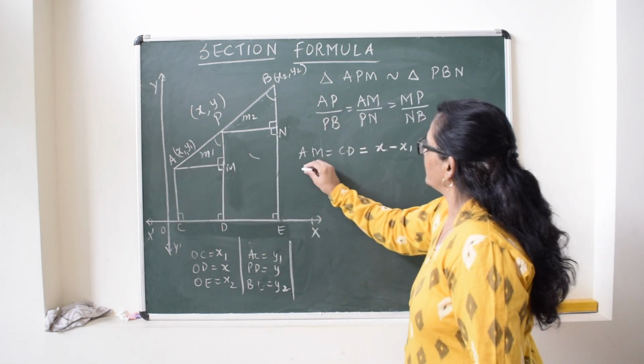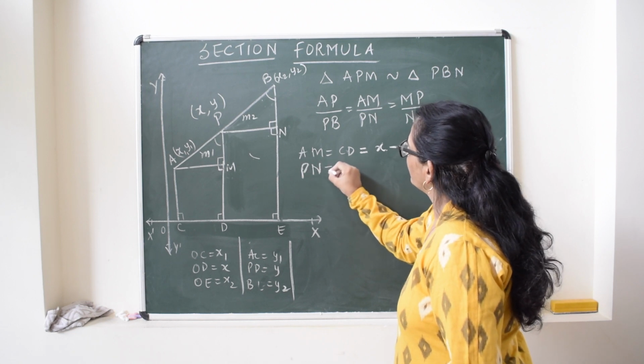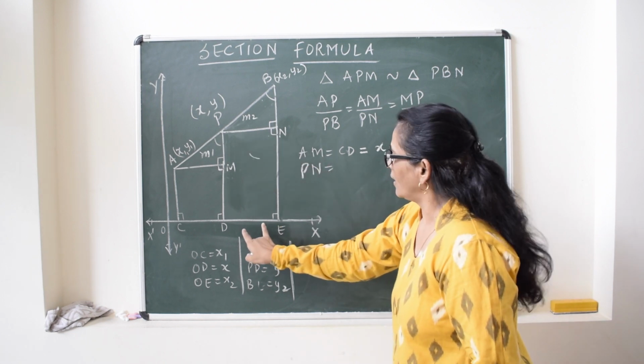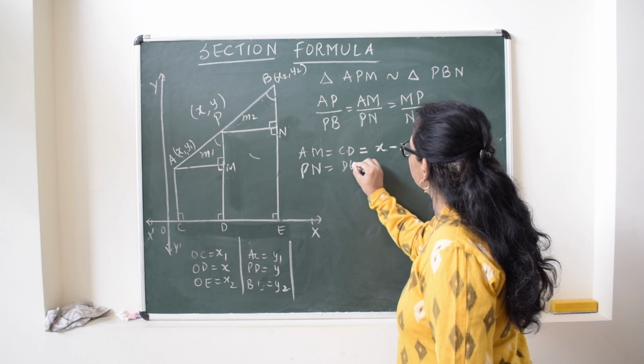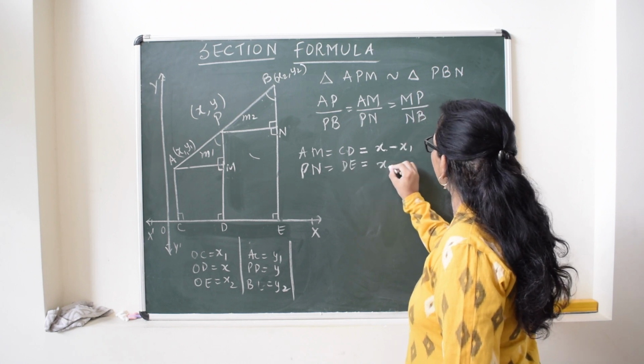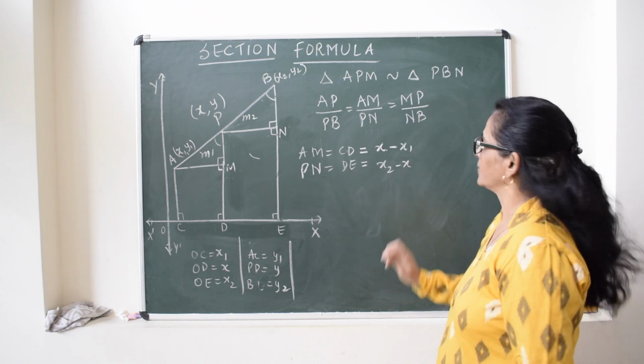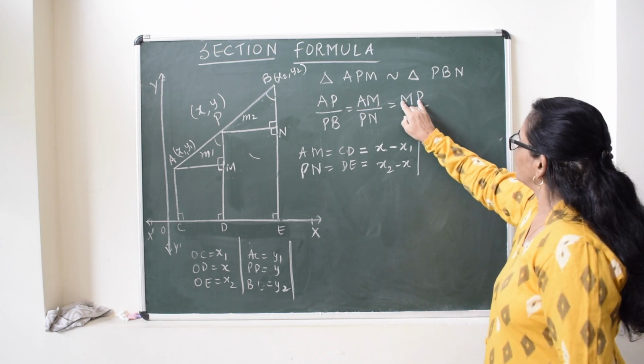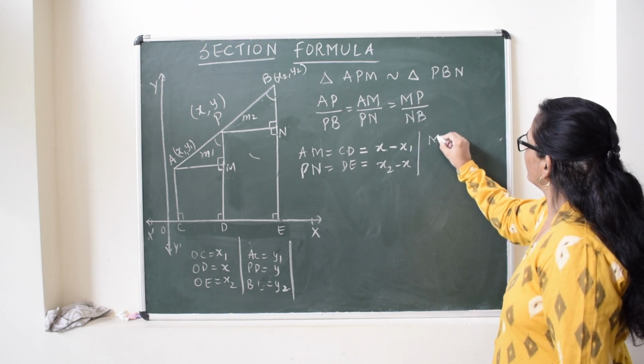Similarly, PN is equal to DE, and DE will be equal to x2 minus x. Similarly, we will find out MP and NB.